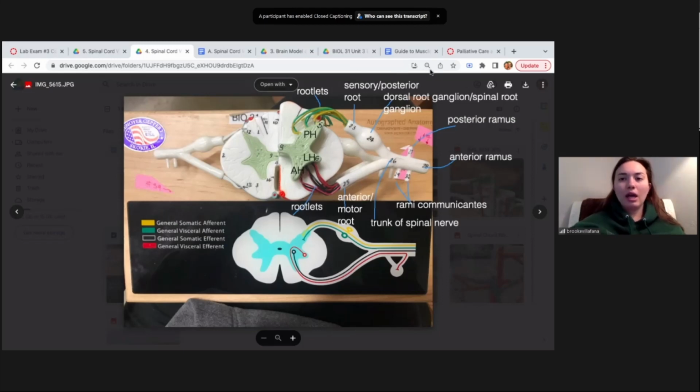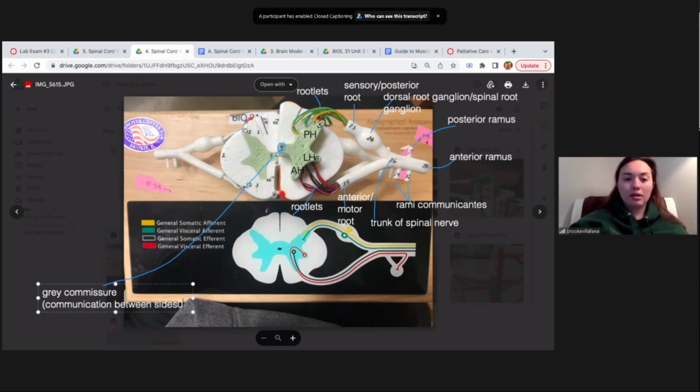The commissure is like a communication between both sides. So this little 8 right here is called the gray commissure. The word commissure references, like I said, kind of a communication between sides. So gray commissure is the communication between the left and right sides.